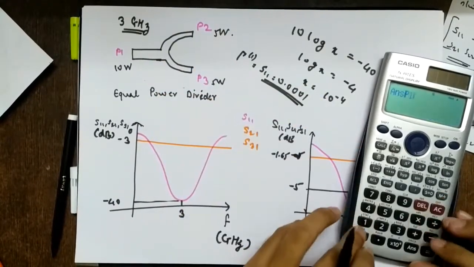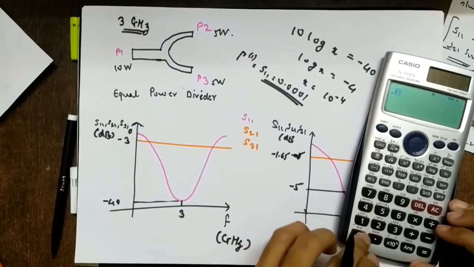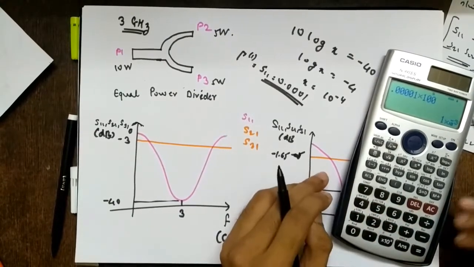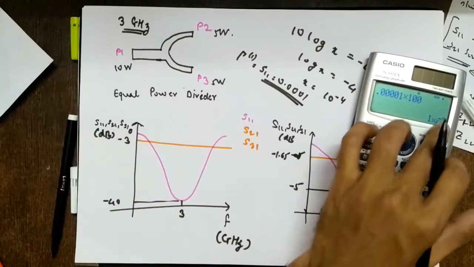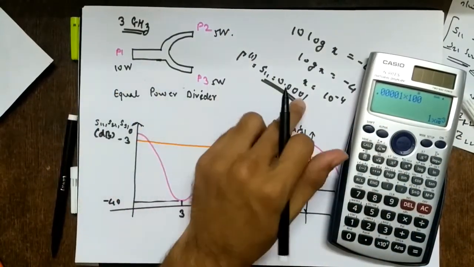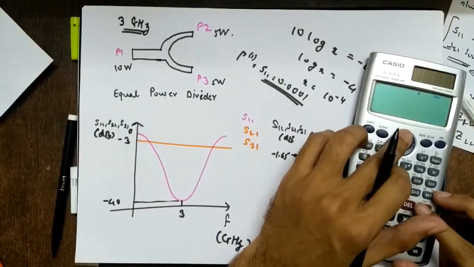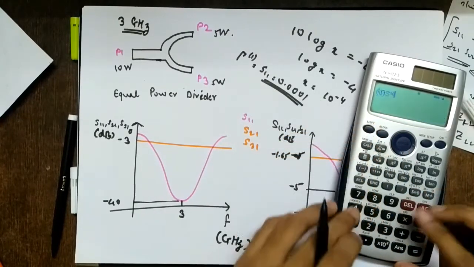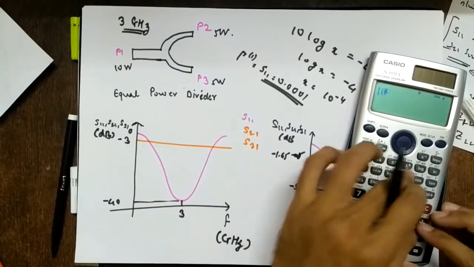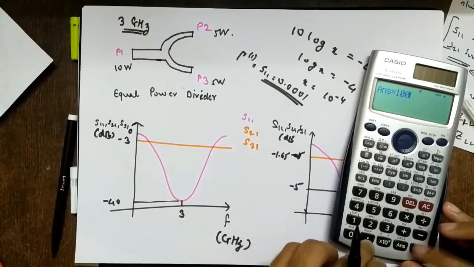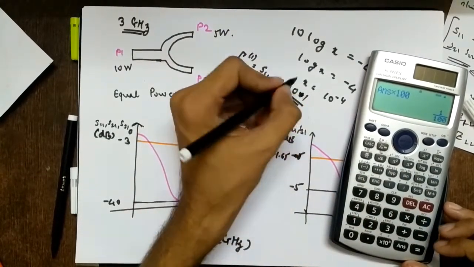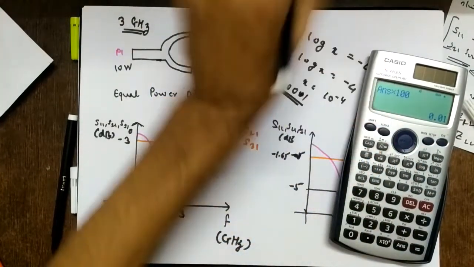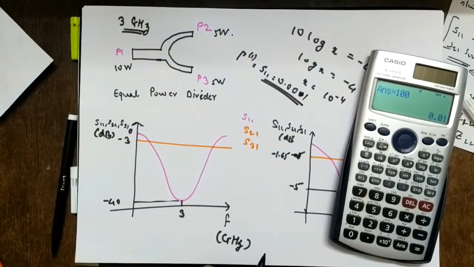So how much percent, into 100? 10 raised to minus 4 into 100 gives 10 raised to minus 2, that is 0.01. So only this much percent of the power is reflected. So how much is transmitted? Almost 100% is transmitted, right?